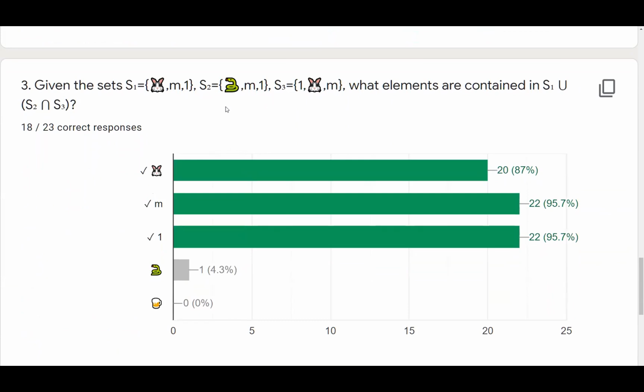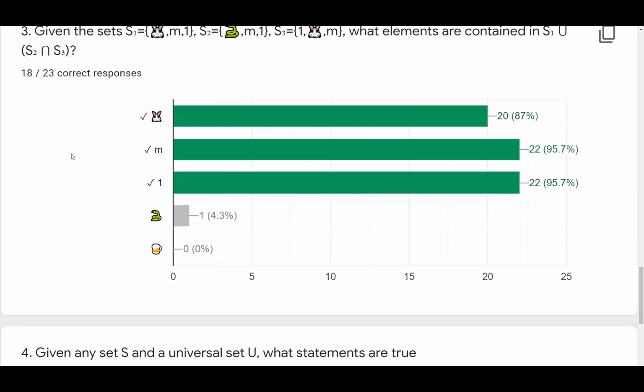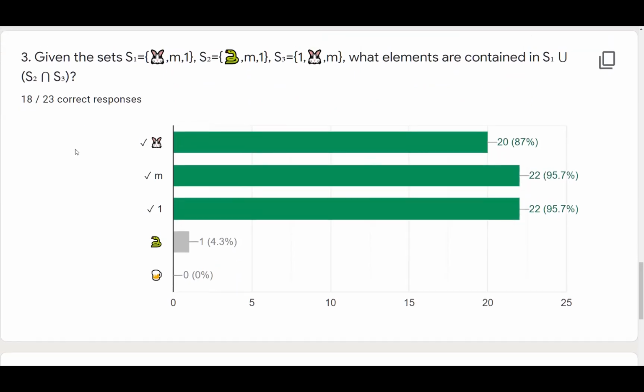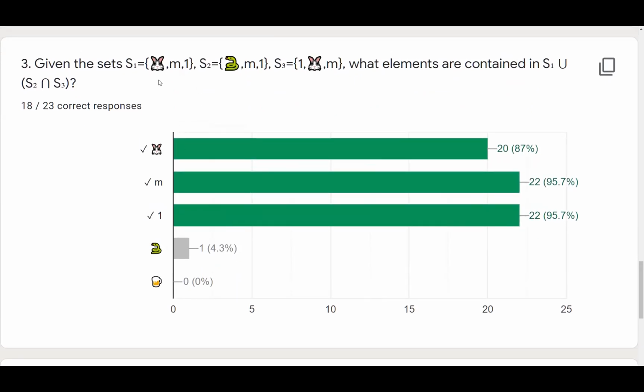Because that's inside the parentheses, I get only 1 and M, right? Because the rabbit is not in S2. And then I take the union of {1, M} and {1, M, rabbit}. So whoop, the rabbit is back in. So again, 1, M, and rabbit. Most of you got it right. The snake is not inside it because it's not in S1.